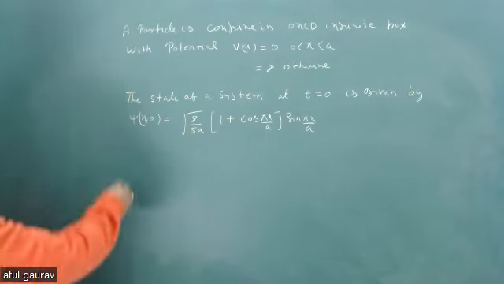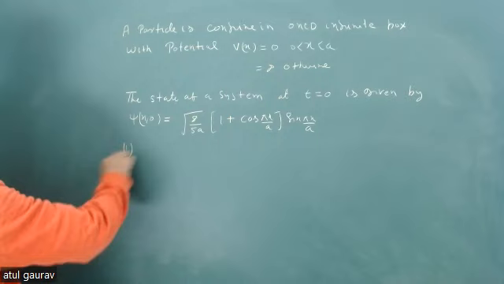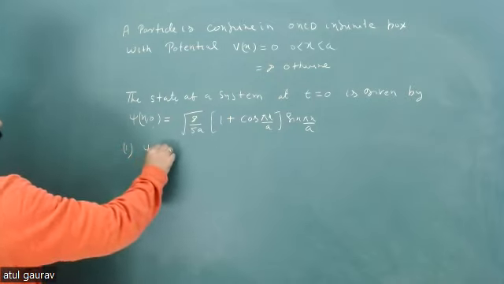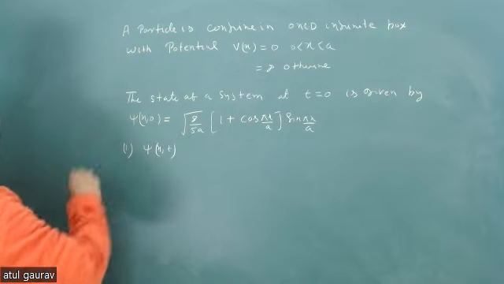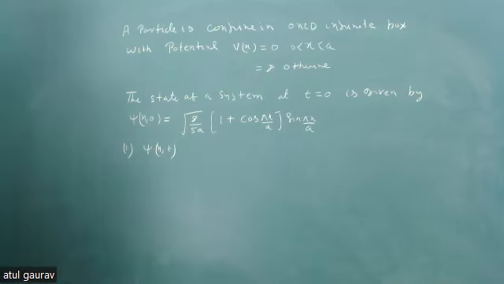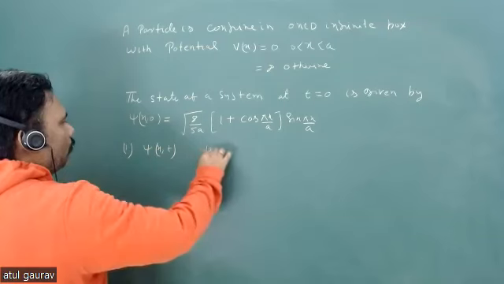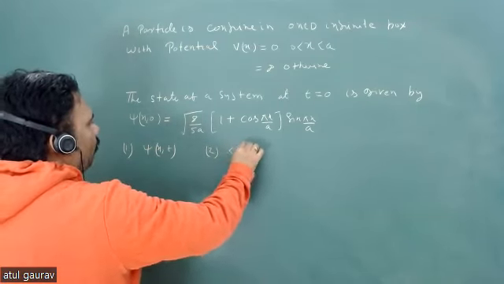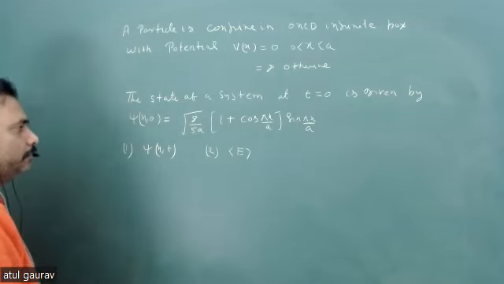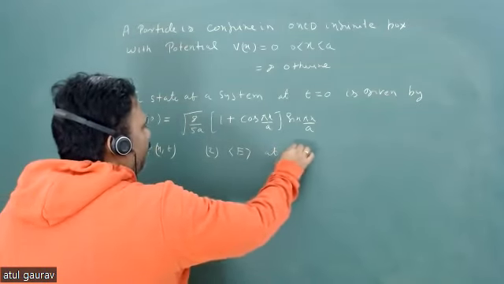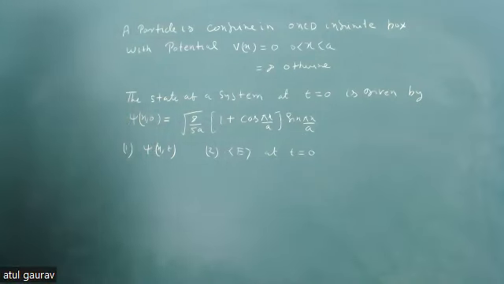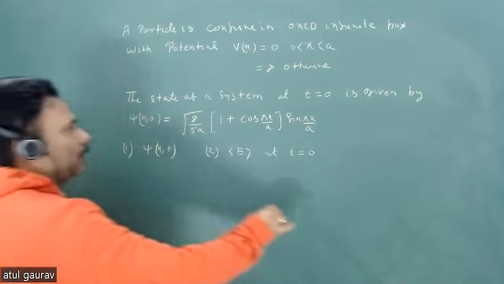Now, question number 1. Write down the expression of psi(x,t). Question number 2. Find the average value of energy at t equal to 0. Question number 3.